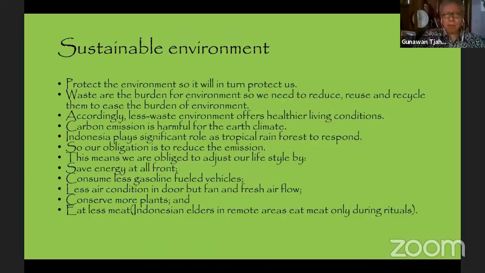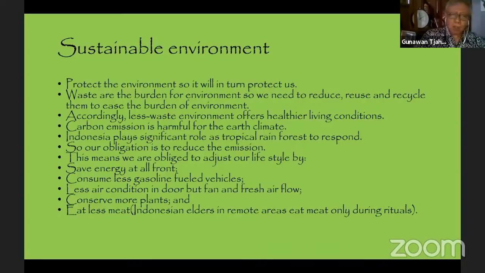Carbon emission is harmful for the Earth's climate. We know all about the climate change. Indonesia plays significant roles as a tropical rainforest, and then we need to respond about it. So our obligation is to reduce the emission.